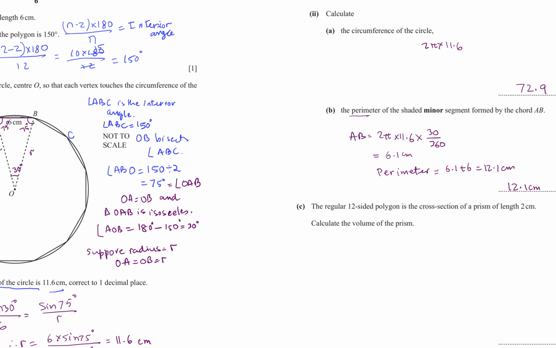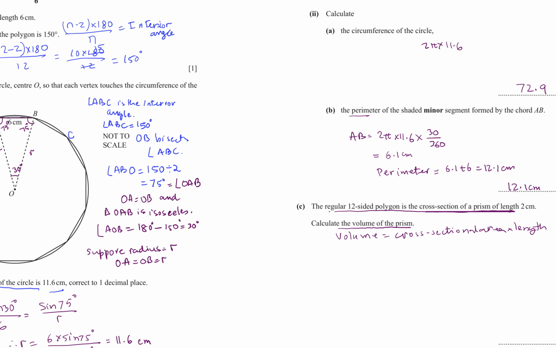So the third bit is about area. We've been given that the 12-sided polygon is the cross section of a prism of length 2 centimeters. Can calculate the volume. So the volume would be cross sectional area multiplied by length.